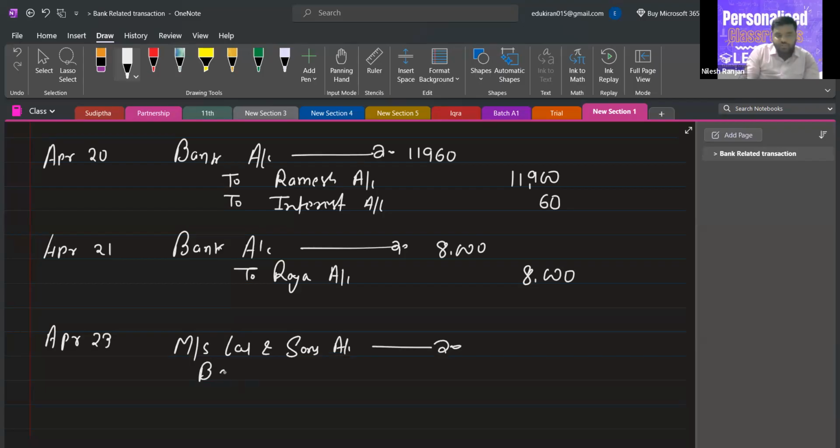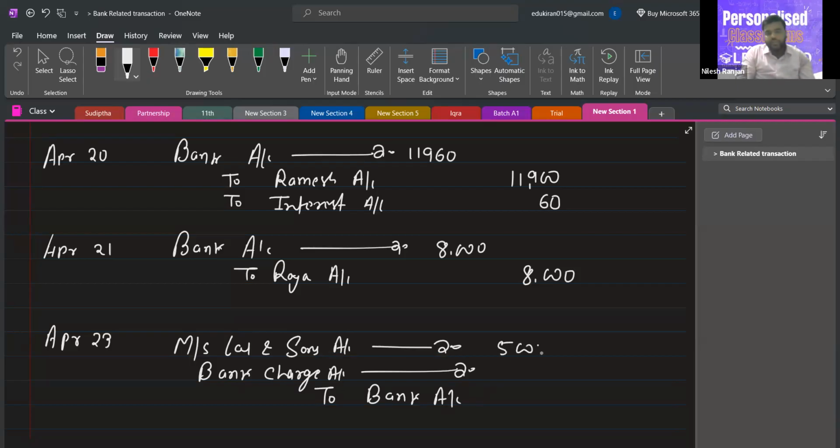Now bank charge is also given. So bank charge is an expense for us, so it will be debited also. So bank charge account debit to bank account, because we are paying him by check. So 5,000 will be paid to Messrs. Lal and Sons, and 700 will be deducted from our account for bank charges for making drafts. So 5,700.